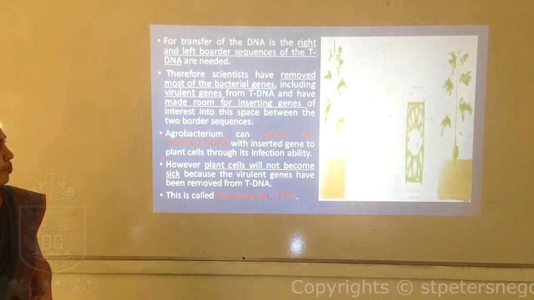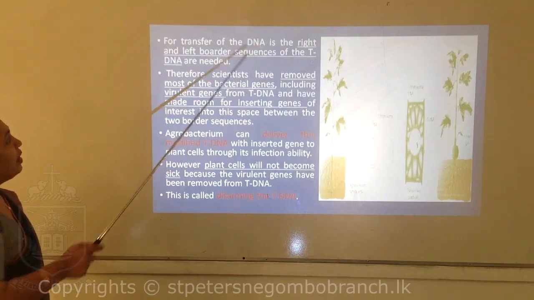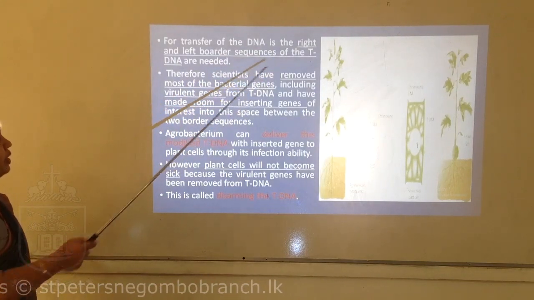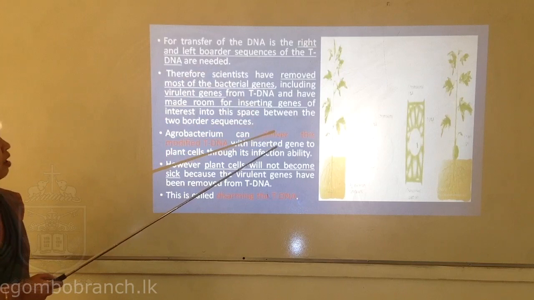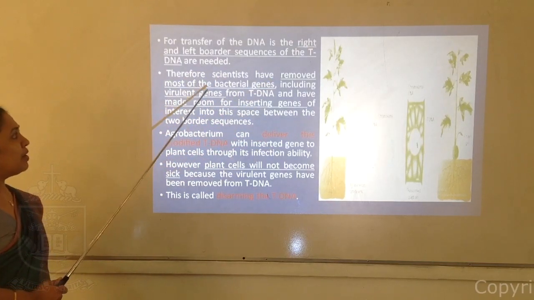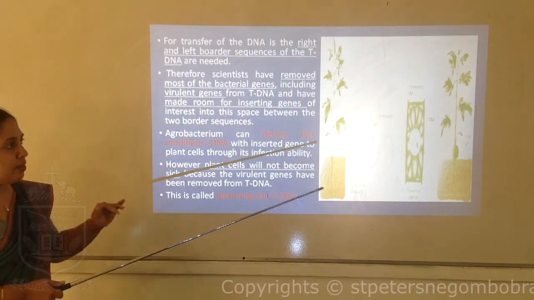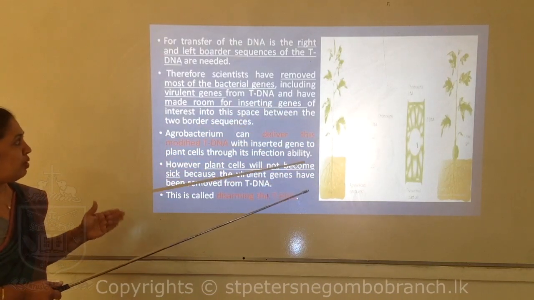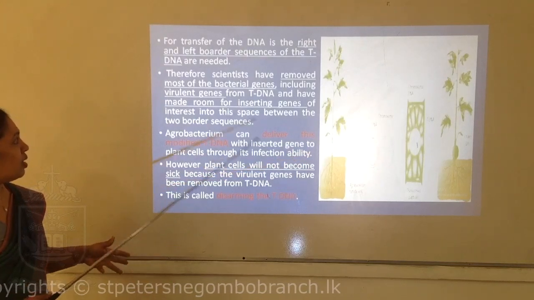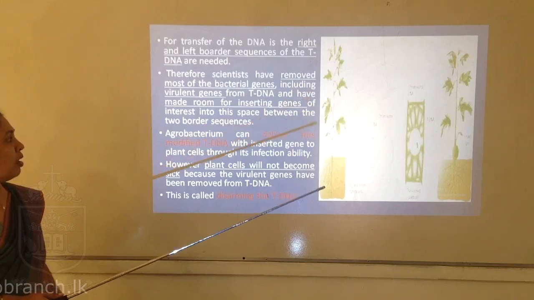So what we do is, the right and left border sequences of the tDNA are needed, and most of the bacterial genes are removed here because we need space to insert the gene of interest. When we remove some genes, some virulence genes are also removed, it means the disease causing genes.